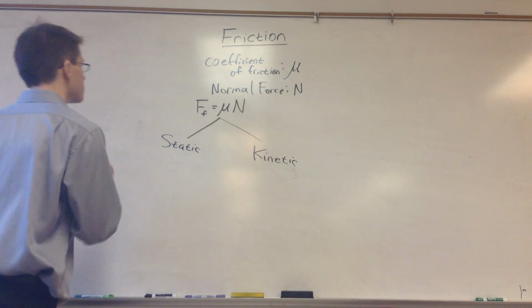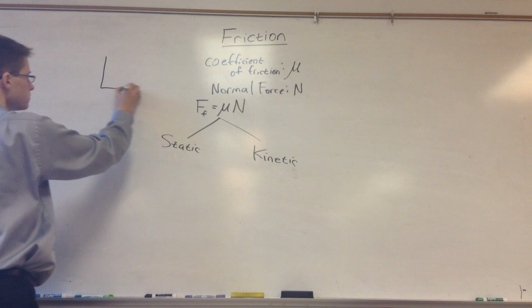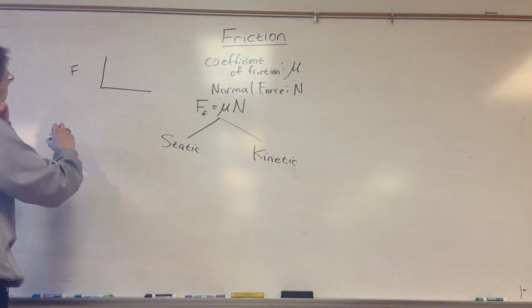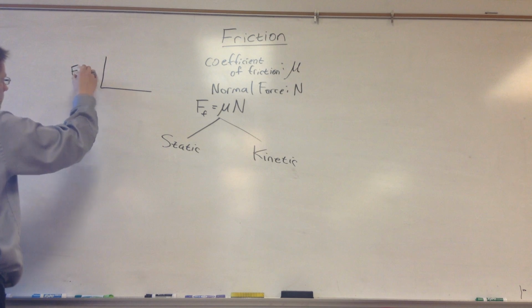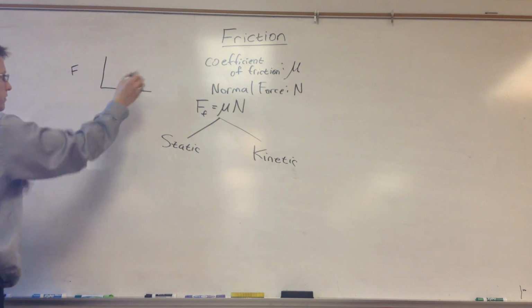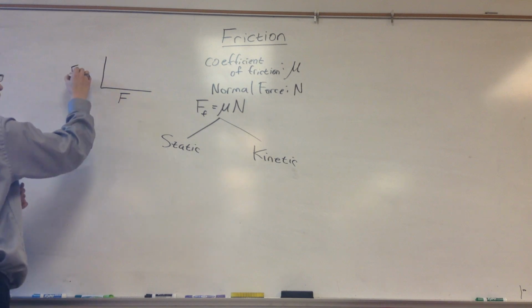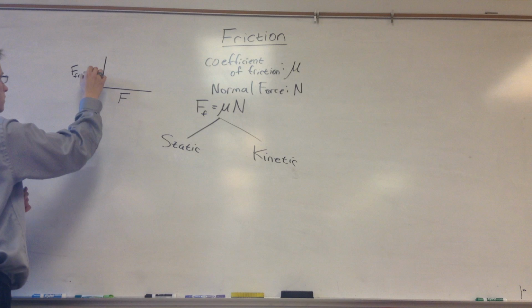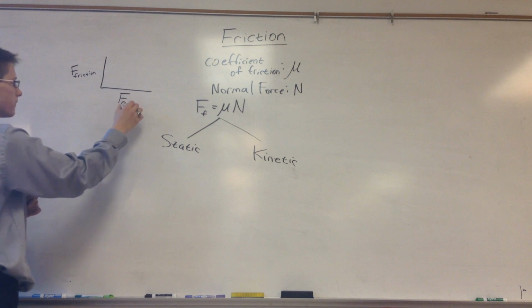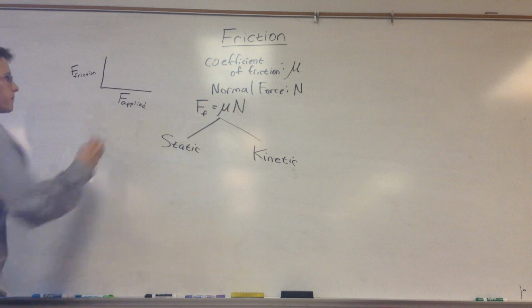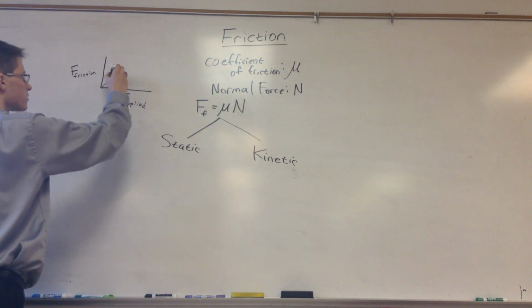So if I was to graph my force applied versus my force of friction, this is going to be the force of friction, and this is going to be the force applied. So, as I apply a greater and greater force, my friction force is going to increase.